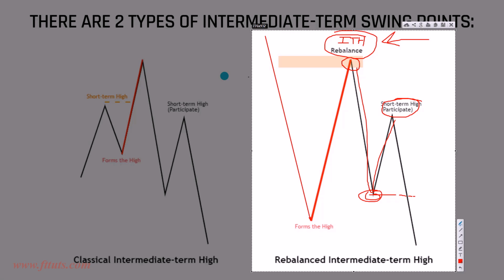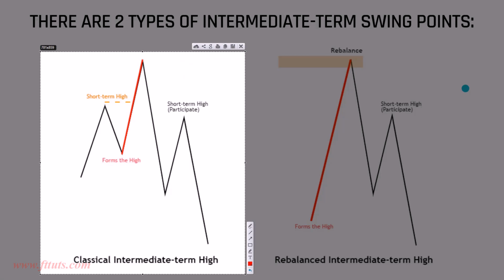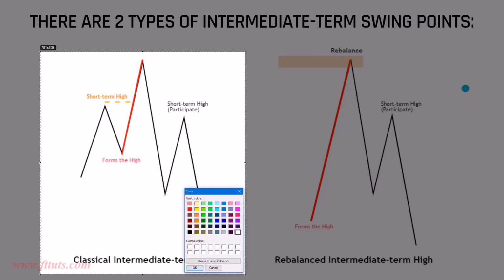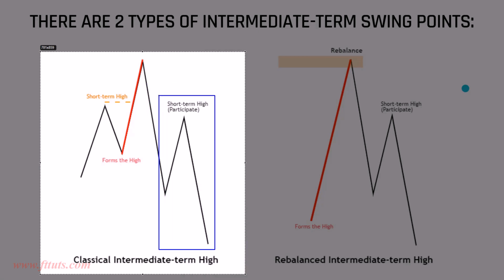Okay, and all of this has to be done on anticipation. What I mean by that is, the moment you're trading with live data, you're not going to see this high until it's hindsight, and you say, oh, okay, that's a short-term high.